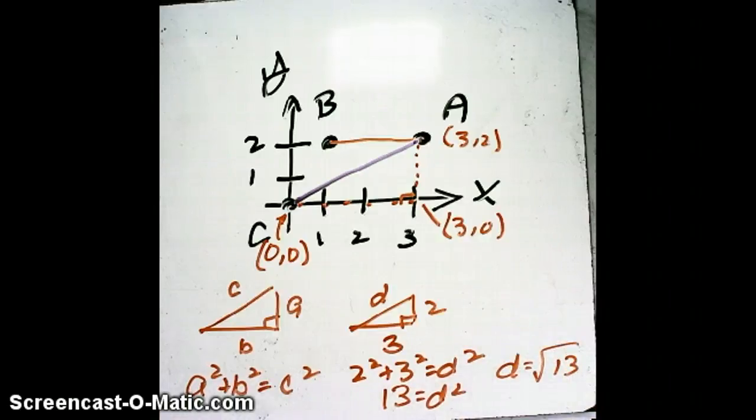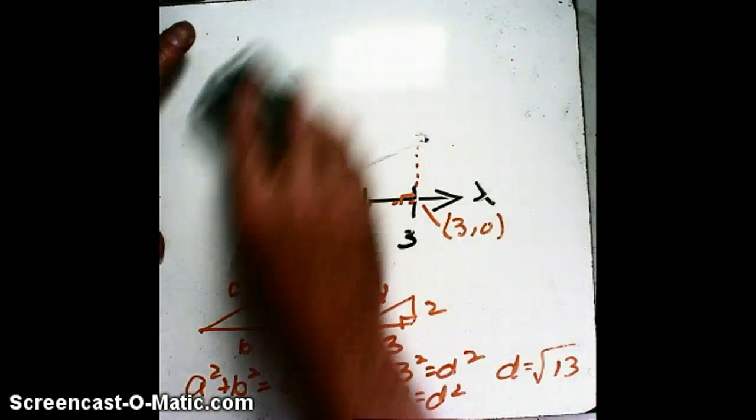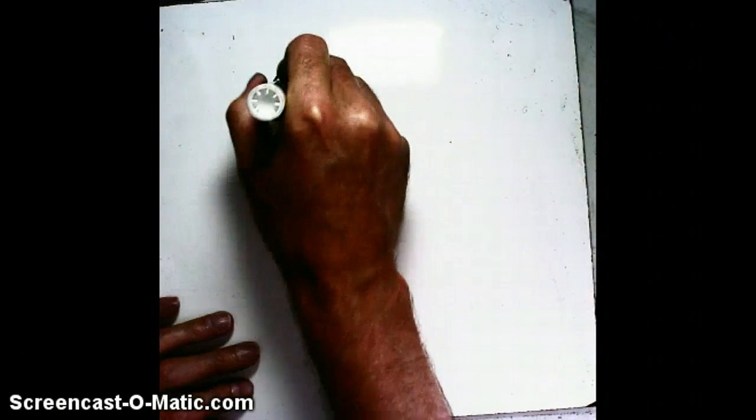Remember, on your radicals, reduce your radicals if you can, if not, just leave it. So that is a way to find the distance between 2 points on the coordinate plane. Now, what we're going to do is we're going to do a problem from your book. The problem from your book is actually a little more difficult, so we'll just get right to it.